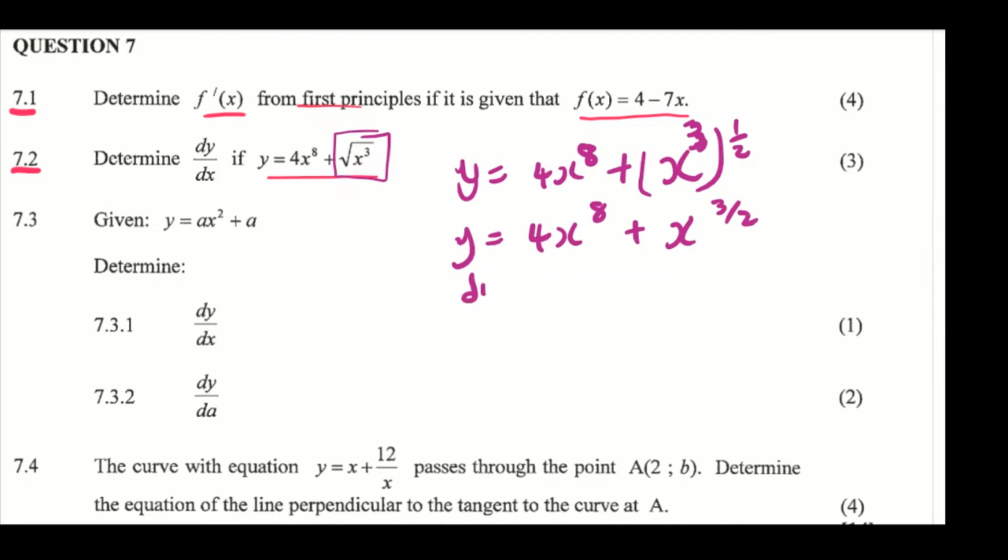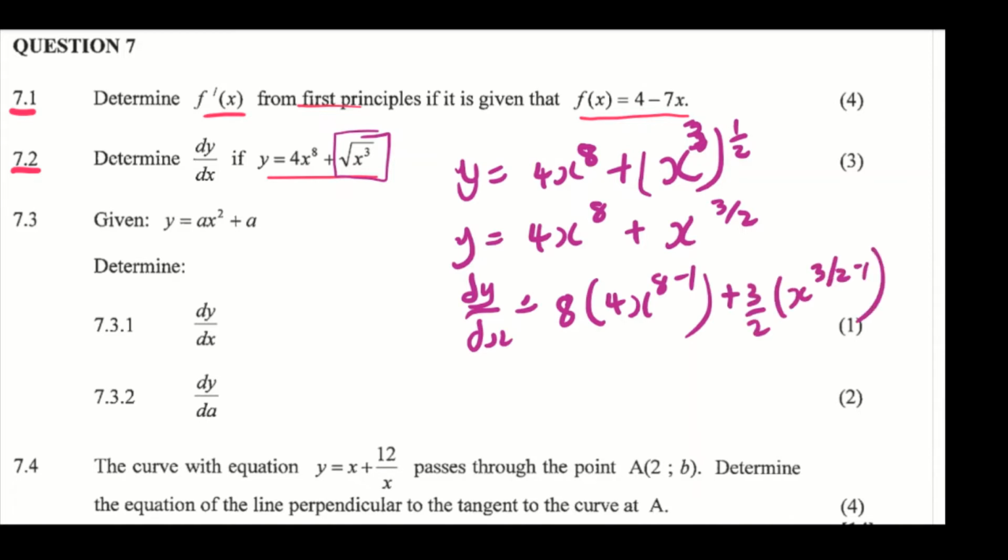So now we can find the derivative of y with respect to x. We're going to drop the 8 into 4x to the power of 8 minus 1, plus drop the 3 over 2 into x to the power of 3 over 2 minus 1.